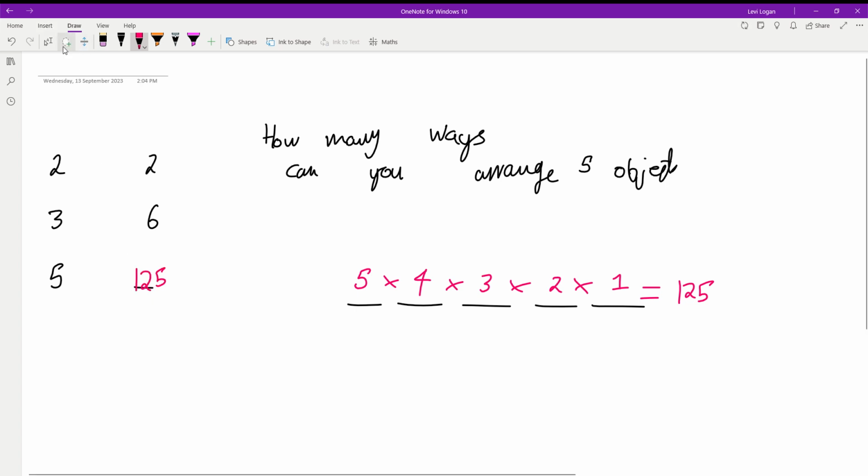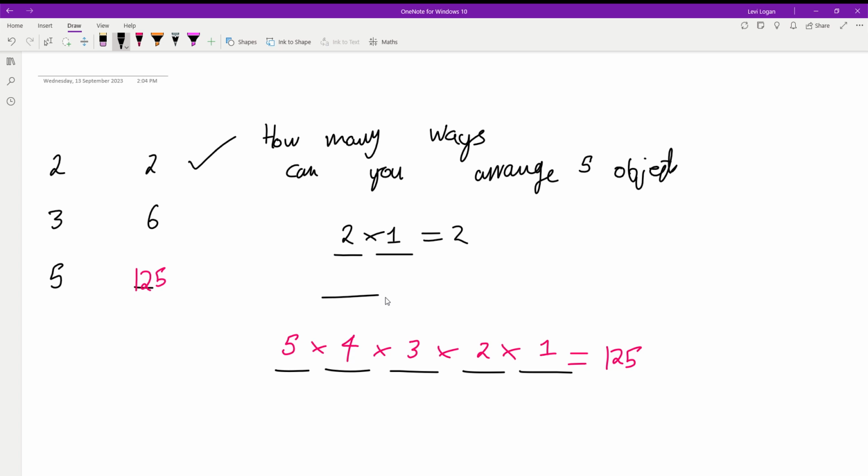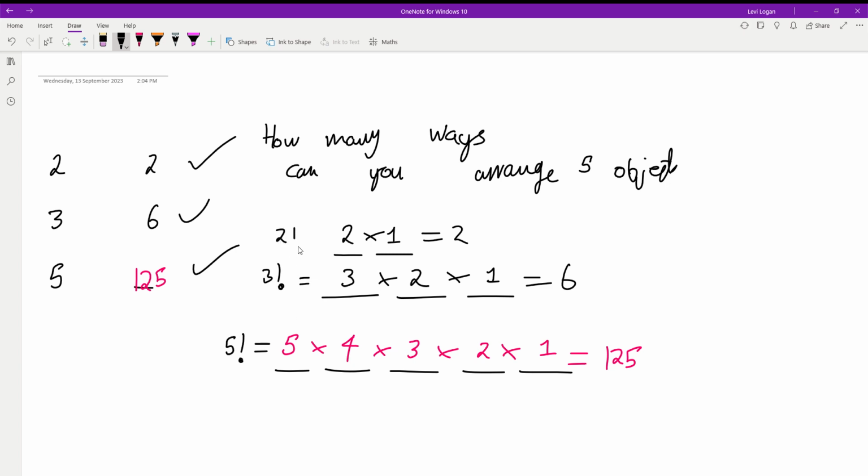Let's double check this with our previous examples as well. For two objects, I can put two objects here and one object there, multiply those, gives me 2. Now let's check three. I can put three objects here, two here, and one. Multiply those, gives me 6. So it starts to hold up. So what we're doing here is we actually invented a new operation called factorial. This is equal to 5 factorial, this is equal to 3 factorial, and this is equal to 2 factorial.